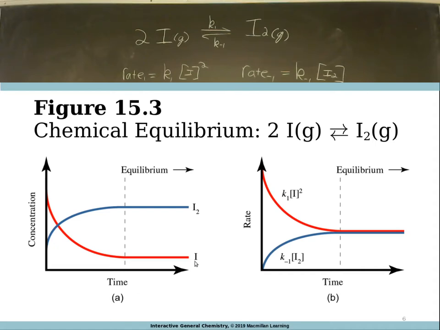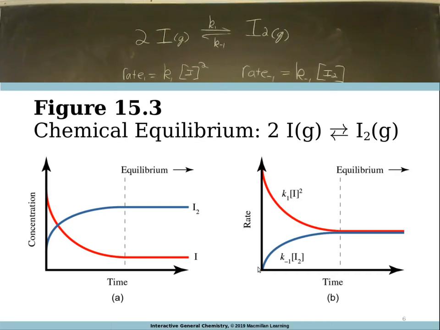If we look on the right side here, we can look at how the reaction rates in the forward and reverse direction change over the course of the reaction. The forward rate, k1 times the concentration of I squared, will start high and begin to drop as the iodine atoms are consumed.